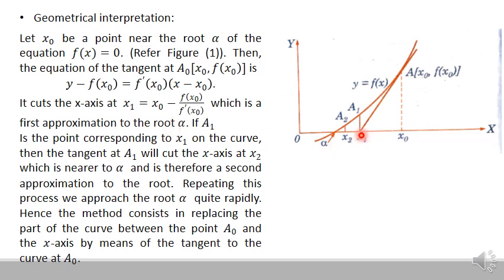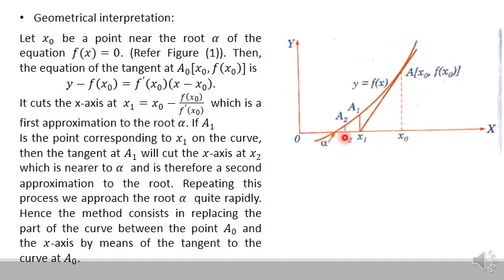If A1 is the point corresponding to x1 on the curve, then the tangent at A1 will cut the x-axis at x2, which is nearer to the root alpha, and hence x2 will be considered as the second approximation to the root.